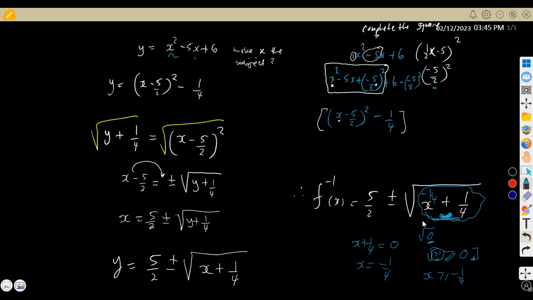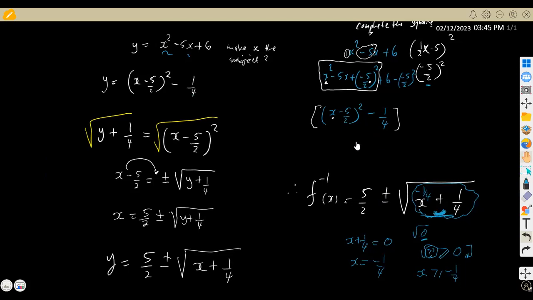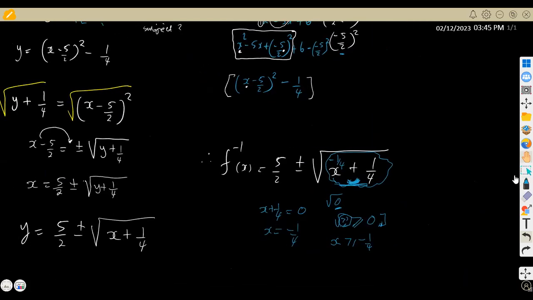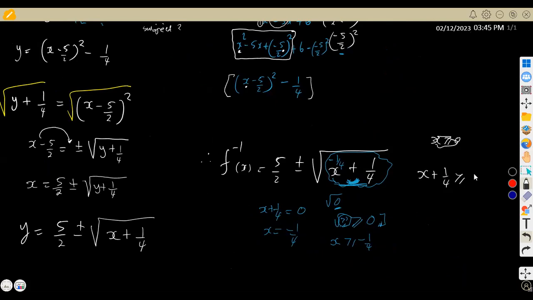Or what you can do, you can simply work it this way, guys. The easiest way to find your domain is this way. Since you know that the whole function under the square root is supposed to be greater than or equal to 0, you're simply going to say x plus 1 over 4 should be greater than or equal to 0.